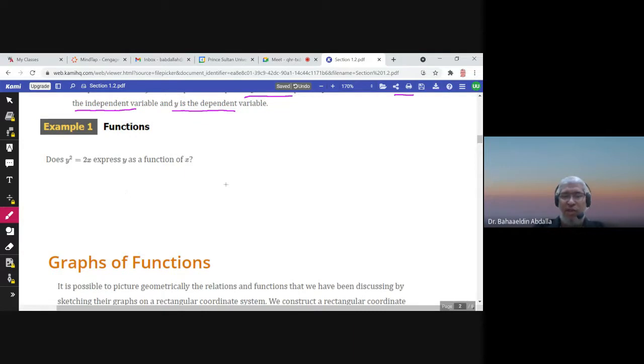Example: does this equation express y as a function of x? The answer is no, because if you choose, for example, x to be 2, this is one value of the input. If x is 2, then y square would be 2 times 2, which is 4.